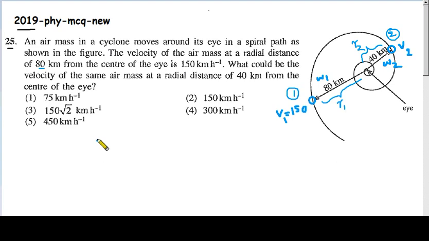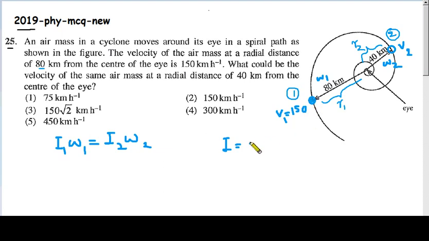The conservation of angular momentum. What is it? I1 omega 1 equals I2 omega 2. So what is I1? I is the moment of inertia. What is I for a point object like this?